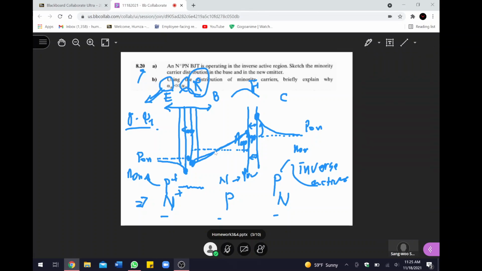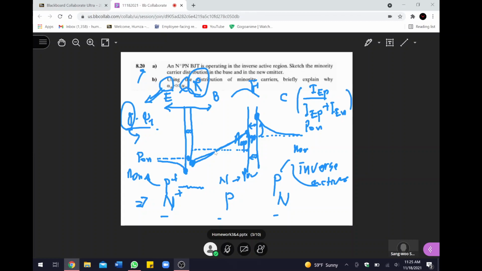Now, injection efficiency is related with the following. For example, if we look at the active region, it represents your emitter current for the majority carrier current, and then you look at the total emitter current, which means the majority carrier current and then the minority carrier current.